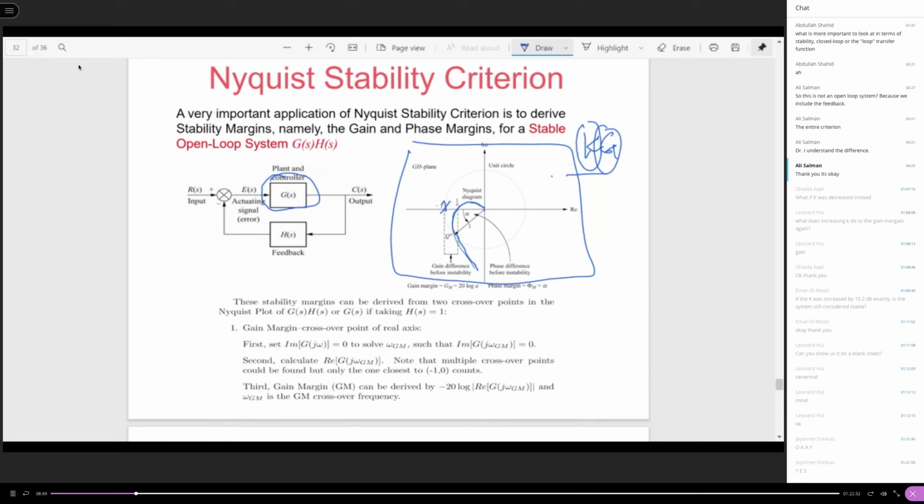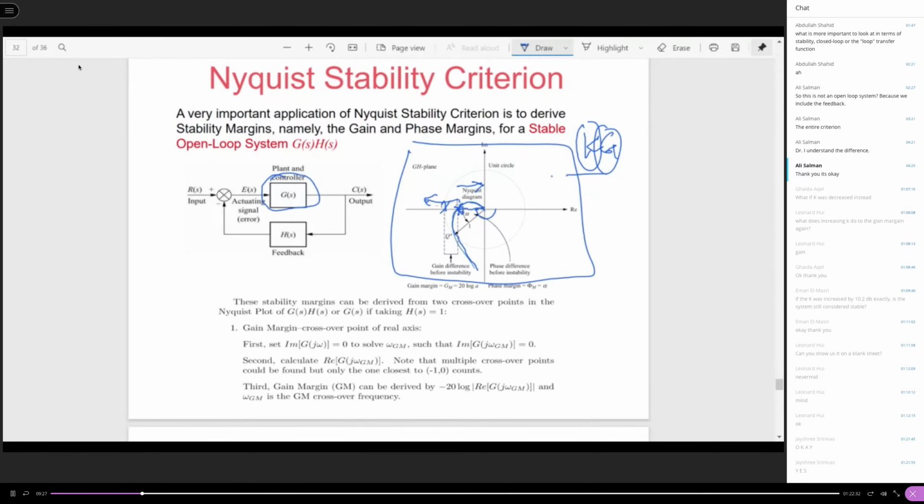If k is larger than 1, you push this point to the left. If k is less than 1, you push this point to the right. This is because we are evaluating the plot along this direction. Each direction is expanded the same, but my major concern is along this direction, the -180-degree direction. So this direction is important.